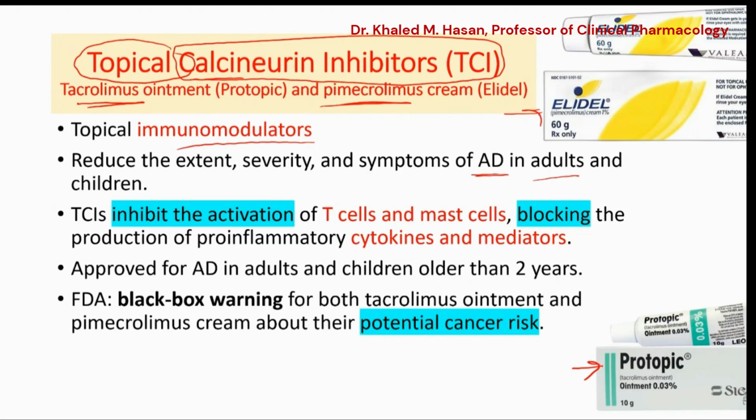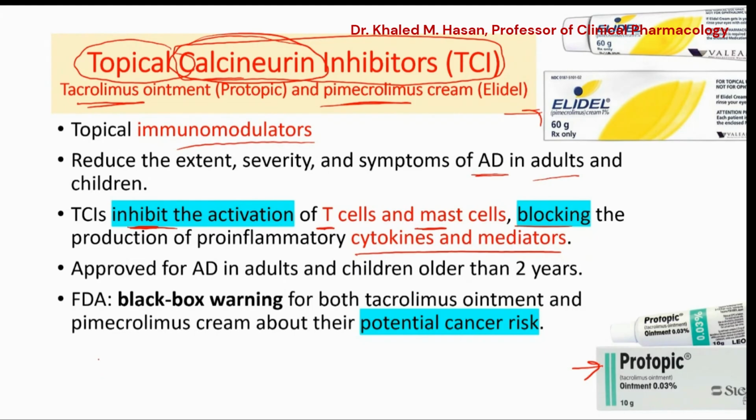How does this medication work? When you inhibit calcineurin, the result is inhibition of activation of T cells and mast cells, and this blocks cytokine mediators. If I am trying to study this and I'm stuck, I will type the following for my study to understand the material. I'm pretending to be a student here, and I will close my camera to take notes.